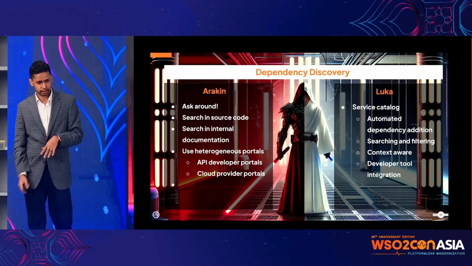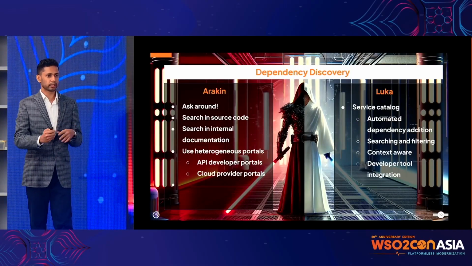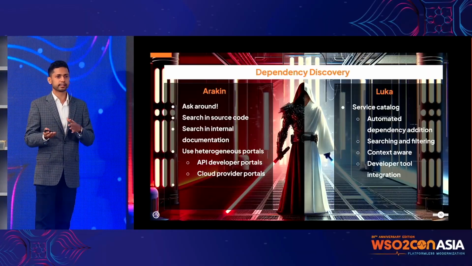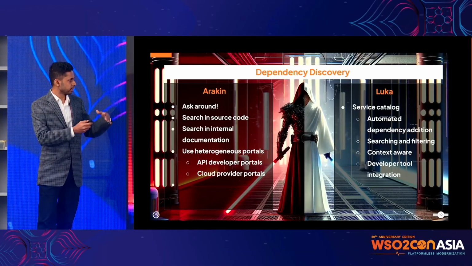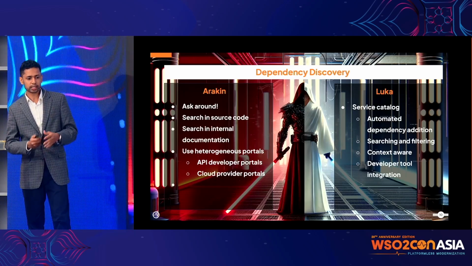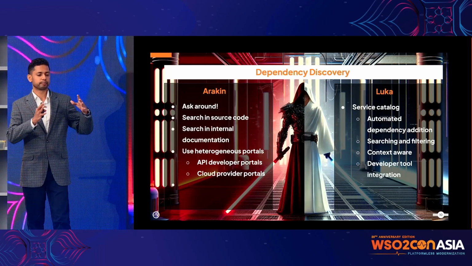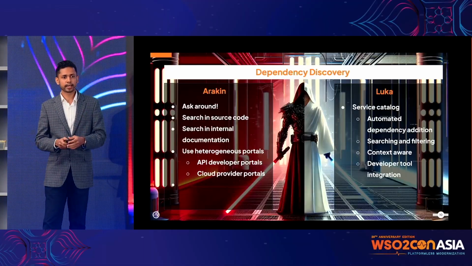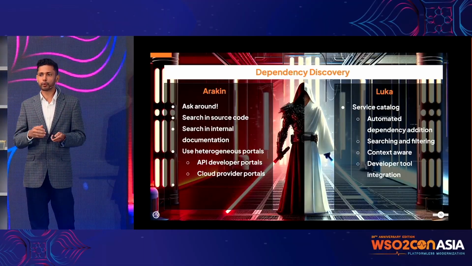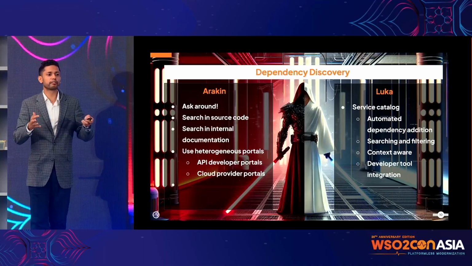So on Luca's side now, in internal developer platforms, the vendors and even the self-built ones offer this service catalog. A service catalog is a collection of all the services and resources that are being offered and deployed within your organization that you can freely use.